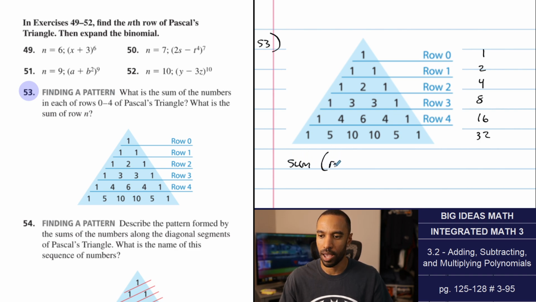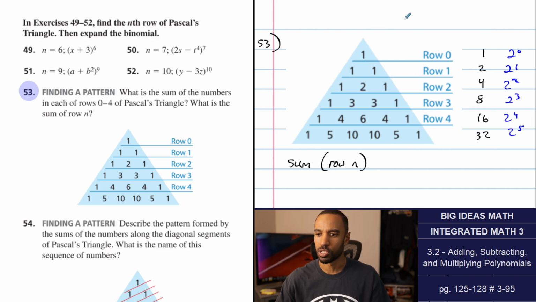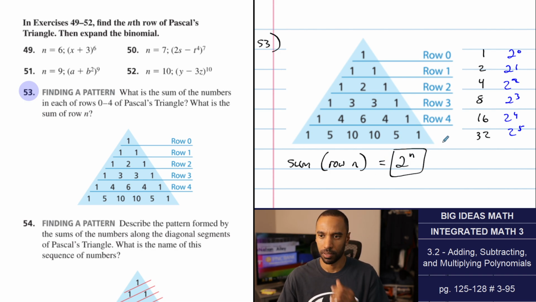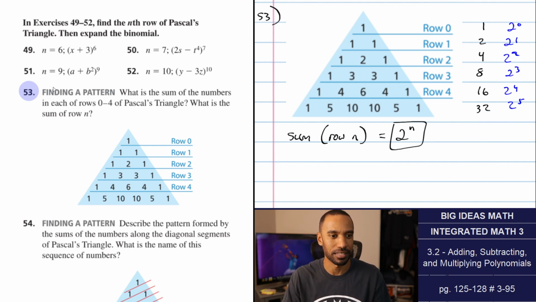If you notice here, by the way, row 0 is also 2 to the 0 power. This is 2 to the 1st power, 2 squared, 2 cubed, 2 to the 4th, 2 to the 5th. So the sum of row n is 2 to the nth. Okay? So that's another cool thing Pascal's triangle has.